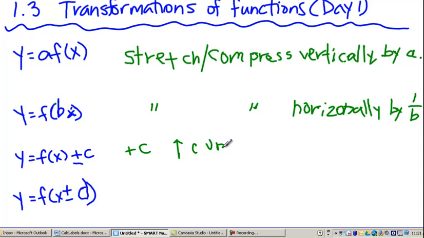And if it's minus C, obviously you'd go down C units.